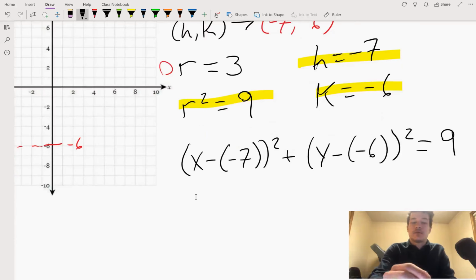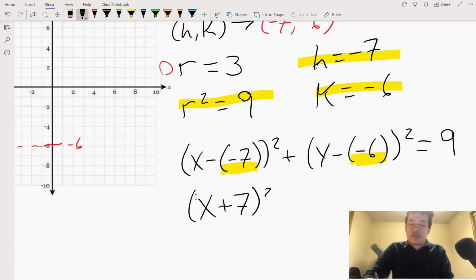Now you do not have to write it like this every time. If you just want to switch the sign and say it's x plus 7 and y plus 6 right off the bat, that's fine. I'm just trying to point out the delicacies here. x minus -7 is just x plus 7. And y minus -6 is just y plus 6.